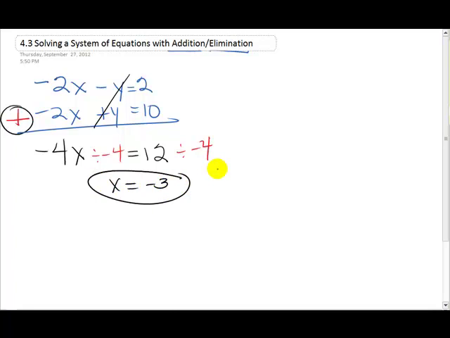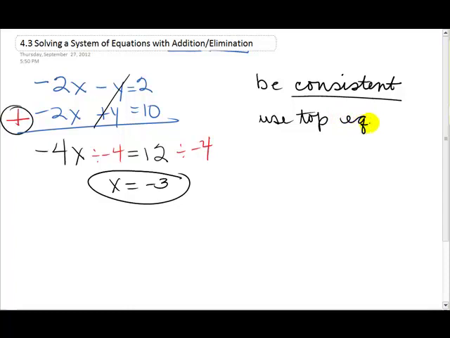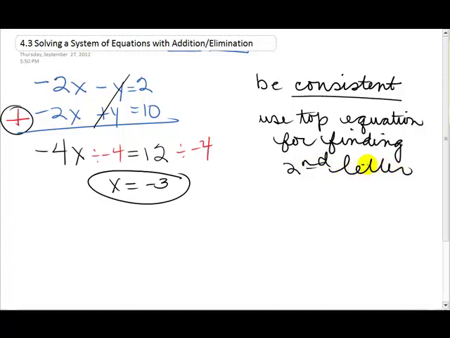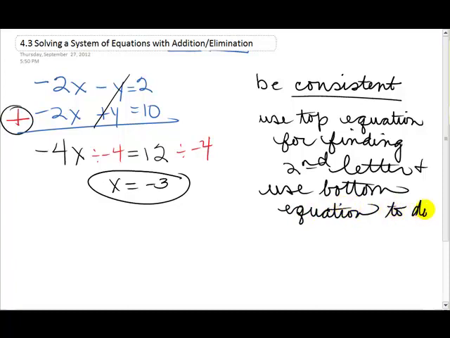Then what we want to do here is be consistent. We're going to use the top equation for finding the second letter, and we're going to use the bottom equation to do the checking of our solution.